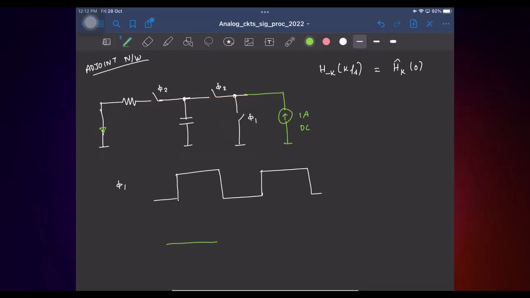Basically it becomes constant, and that constant is I times R. Okay. So if in steady state the capacitor voltage is I times R, what is the current? 1 amp here. Okay. So here during phi 2, what happens to the output current then? It becomes 1, and in phi 1, 0. Okay. So this is the output current.